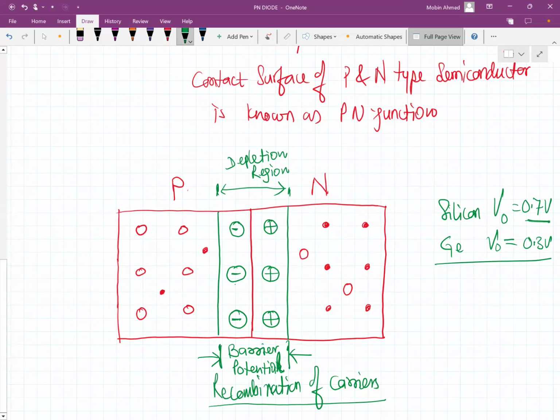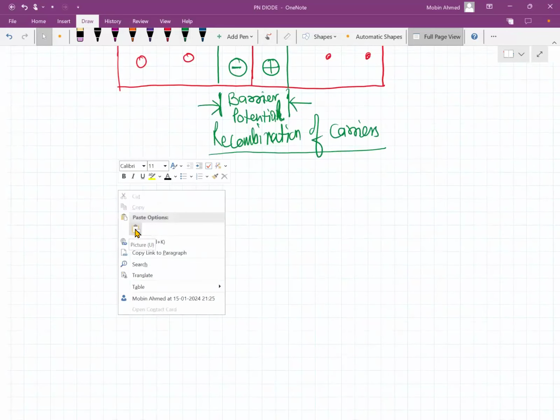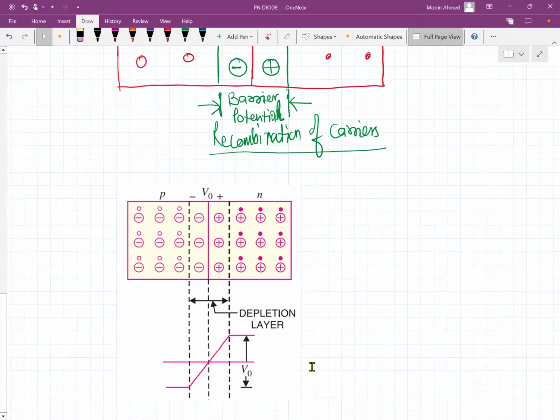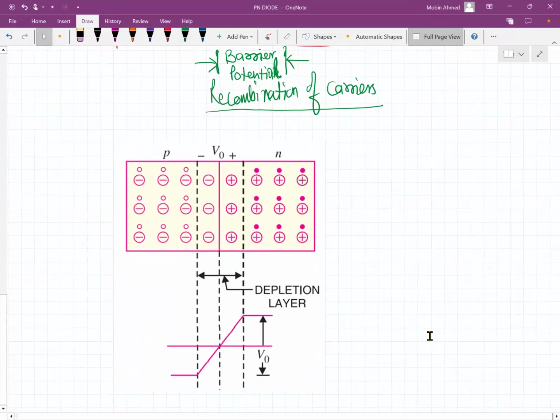So just see here what has happened. Till the time this diffusion takes place, there is going to be a current that is going to flow, and that current is known as a diffusion current. So you can see here, this is the N-type region. Here we have the P-type region.